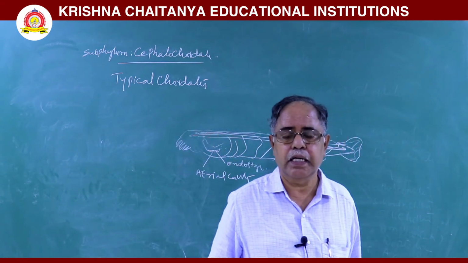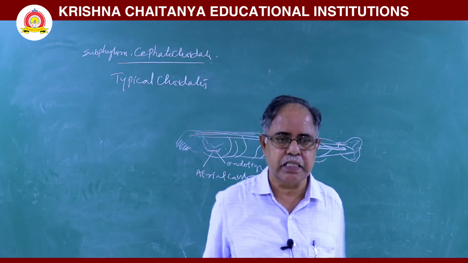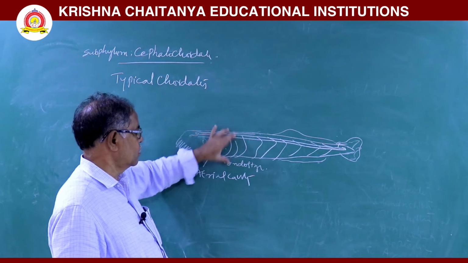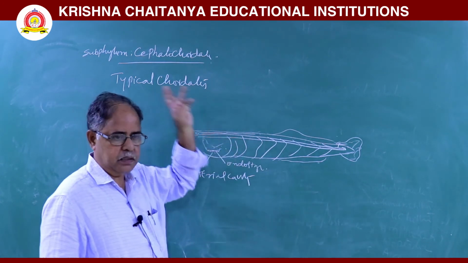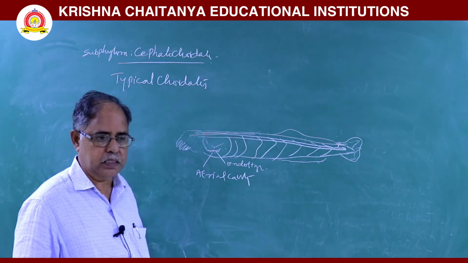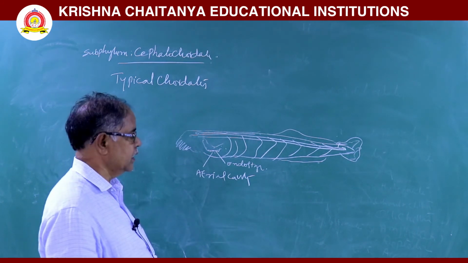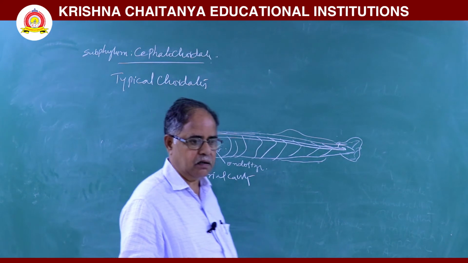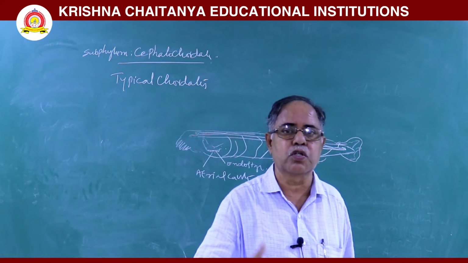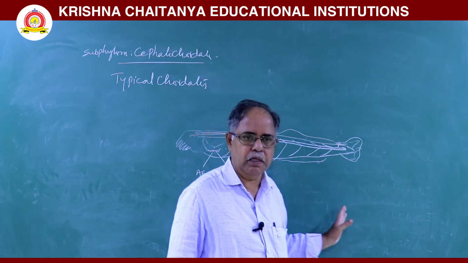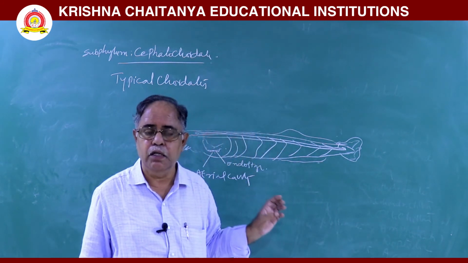Then gas exchange occurs by simple diffusion through the body surface. Next, in these animals, the excretory organs are protonephridia, that is, solenocytes.